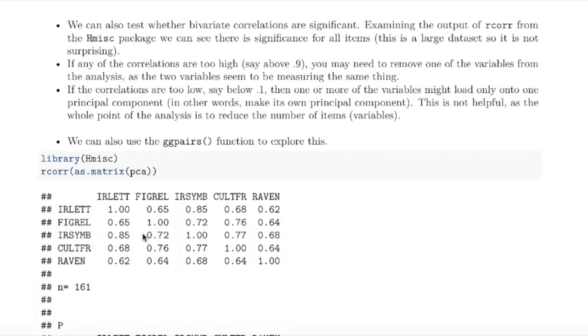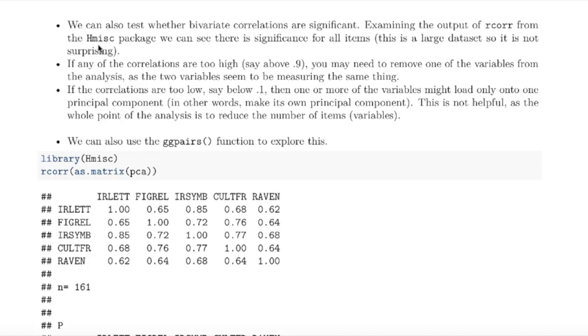I'm also going to check the correlation matrix, and I'm going to use the psych package just because I want to see if the correlations are significant. I personally am not a big fan of attaching significance to correlation. I think it's very easy to get when you have enough data.